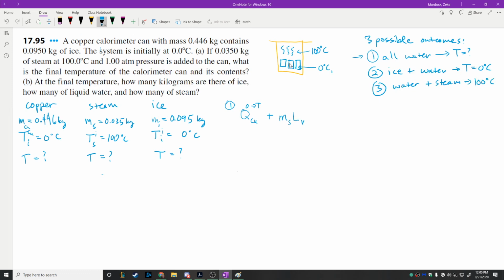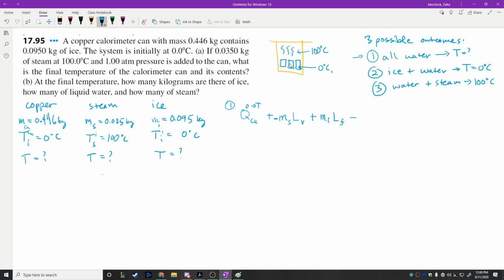Here's the thing: should this be positive or negative now? Negative, exactly, because it's going to be going kind of down a state from gas to liquid. The ice, on the other hand, will be positive, and that'll be the mass of the ice multiplied by the latent heat of fusion of water.